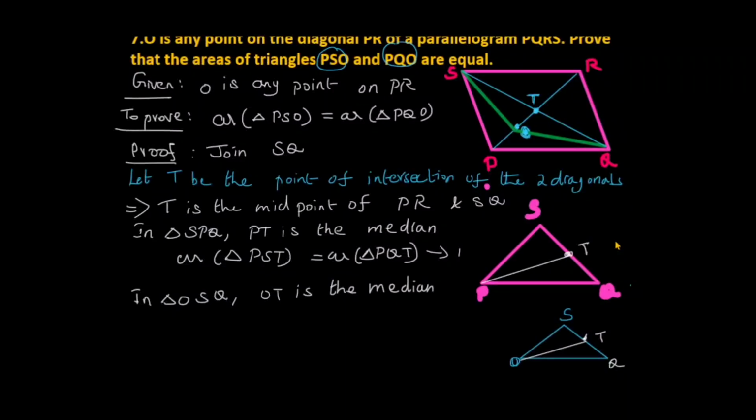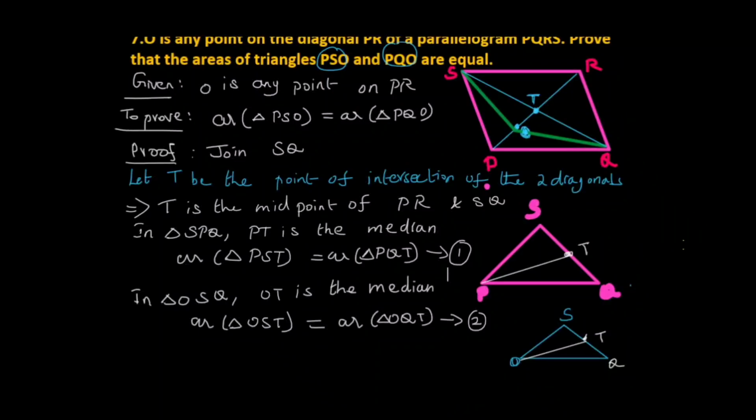So here also we will be getting two equal area triangles. So area of triangle OST is equal to area of triangle OQT. You know very well, because a median divides the triangle into two equal area triangles. Let this be 2.